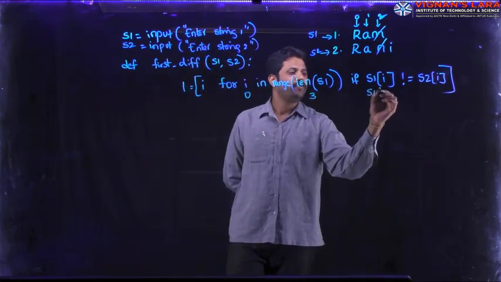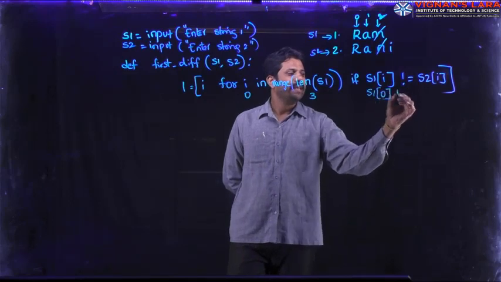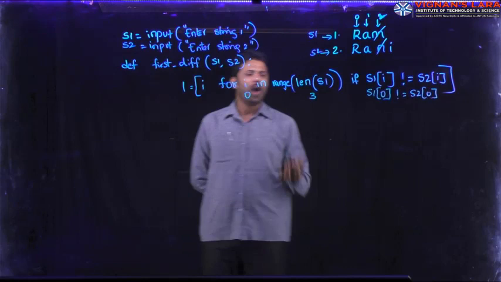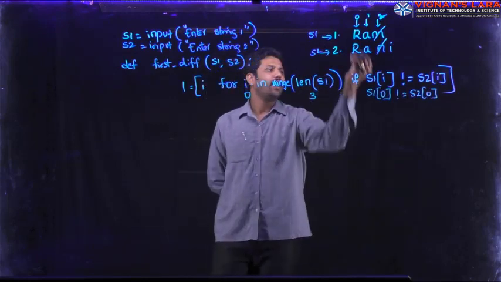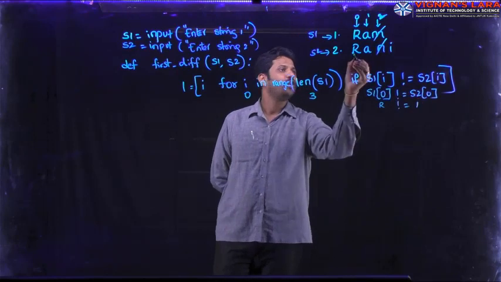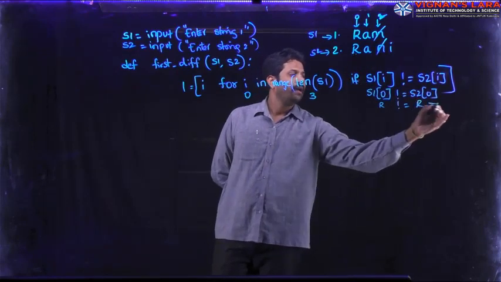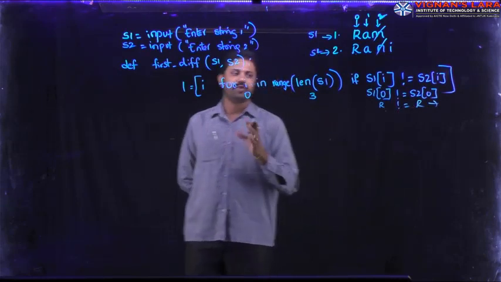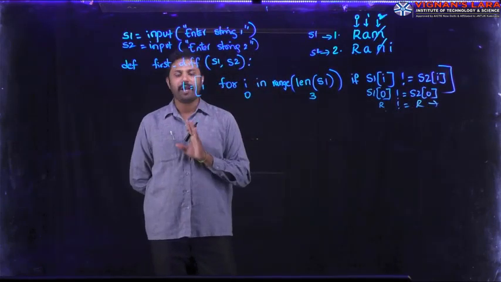S1 of 0 is not equals to S2 of 0? What is S1 of 0? S1 of 0 is R, and S2 of 0 is also R. So S1 of 0 is equal to S2 of 0. That means it doesn't perform any operation.